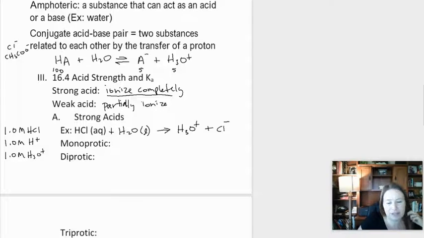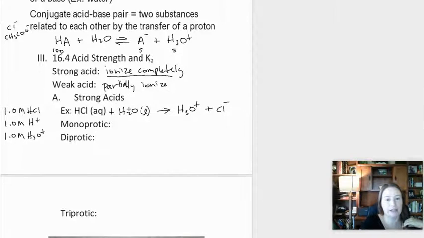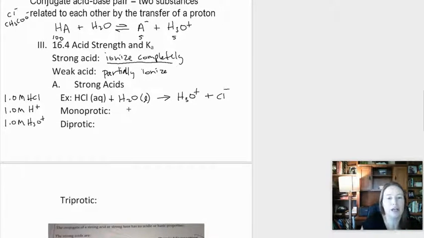We have 3 definitions that are pretty easy: monoprotic, diprotic, and triprotic. The protic part just means proton. And remember, a proton is that hydrogen atom that's lost its outer electron. So H plus is the atom without the electron around it. It's just a proton that's left in the center.